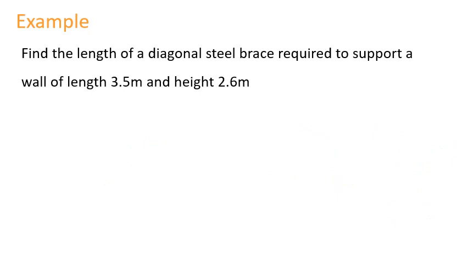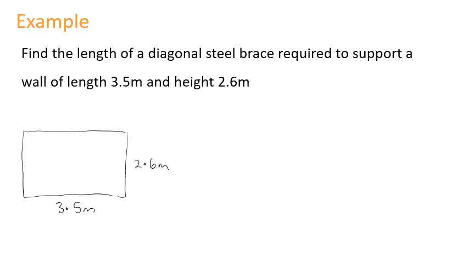Last example. Find the length of a diagonal steel brace required to support a wall of length 3.5 metres and height 2.6 metres. Okay, so think of a wall like this. The length is 3.5 metres. The height is 2.6 metres.